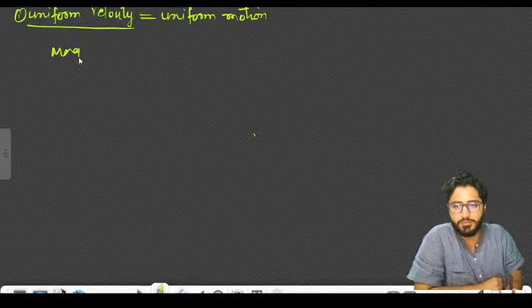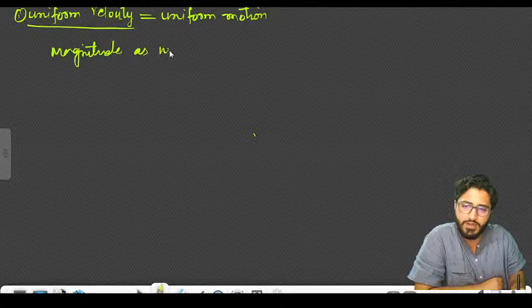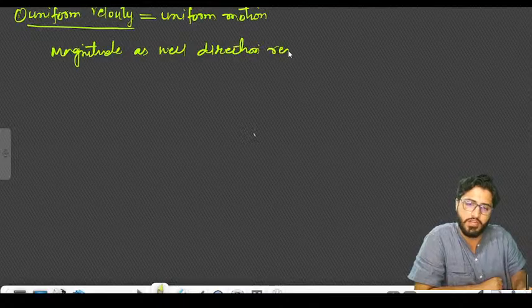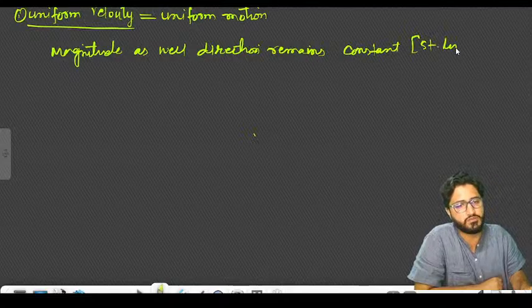If the magnitude as well as the direction of the motion remains constant, that means straight line motion.